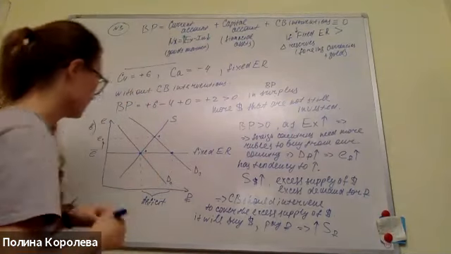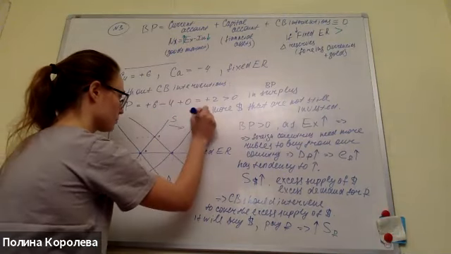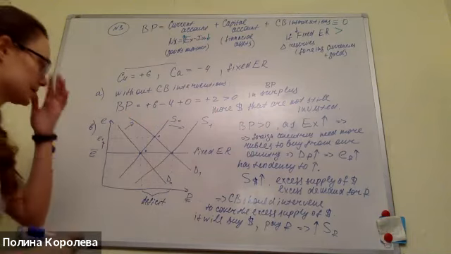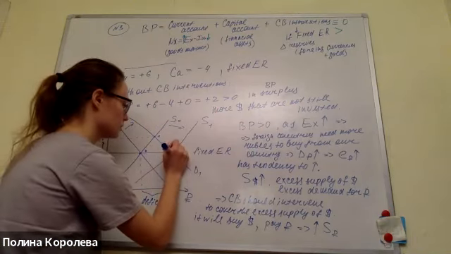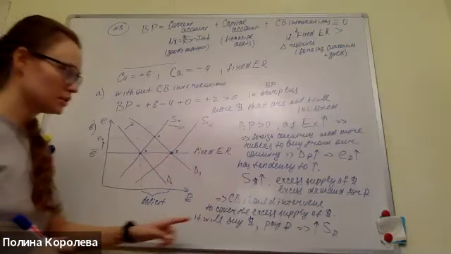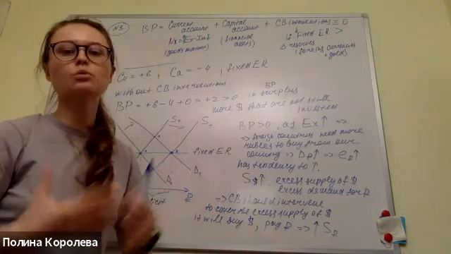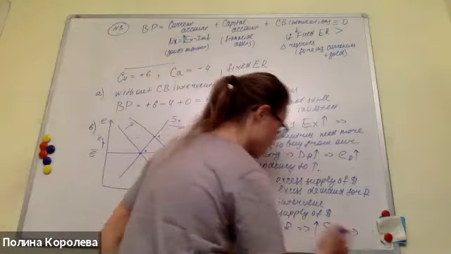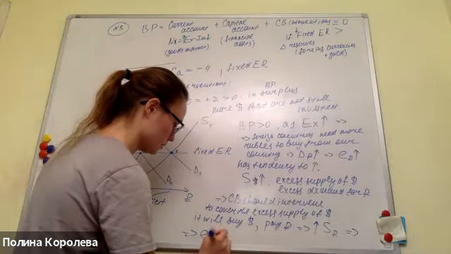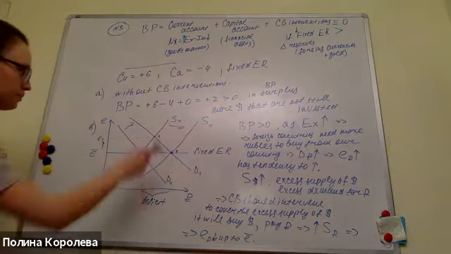Okay. S0, S1, D0, D1. Let us put here the equilibrium 2 situation. So if it increases the supply, the higher the supply, the lower the price, such that the exchange rate of the ruble decreases up to the fixed exchange rate.